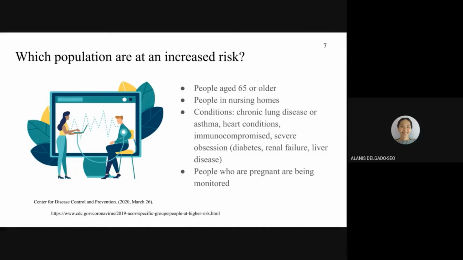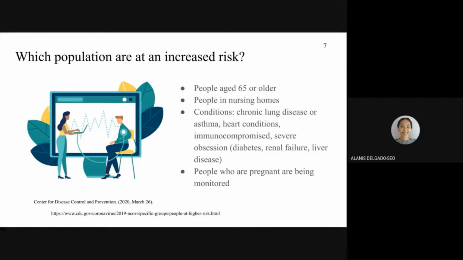Most people recover without needing any special treatment, but some people have a high risk for severe illness from COVID-19, such as people age 65 and older, people who live in a nursing home or long-term care facility, and people of all ages with severe underlying health conditions like chronic lung disease or moderate to severe asthma, serious heart conditions, people who are immunocompromised from cancer treatments, for example, and people with severe obesity or certain underlying medical conditions like diabetes, renal failure, or liver cancer.